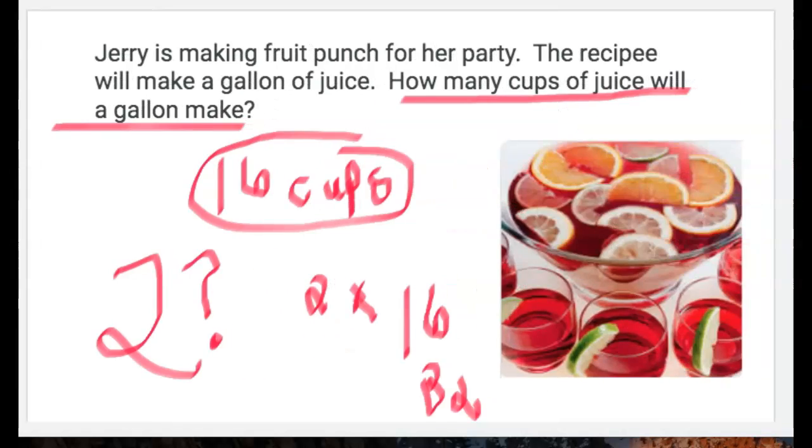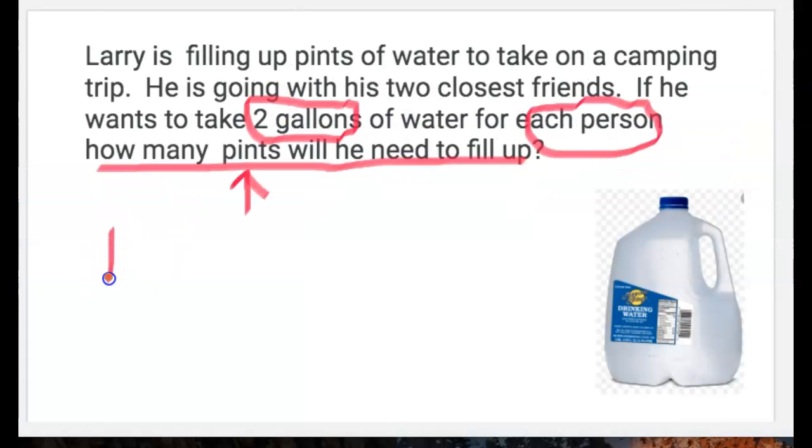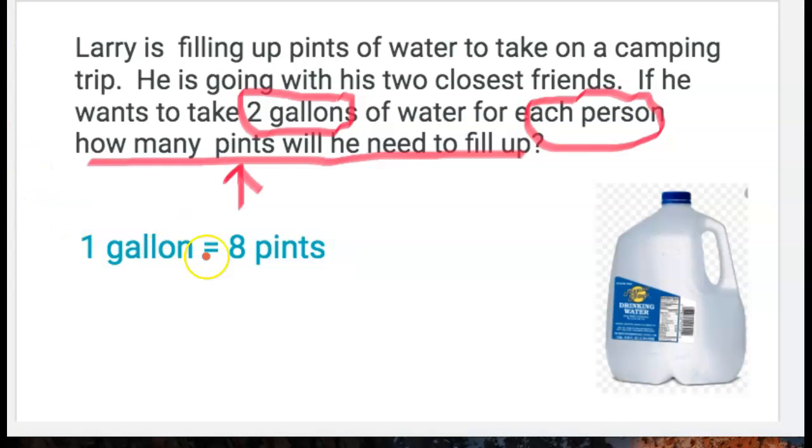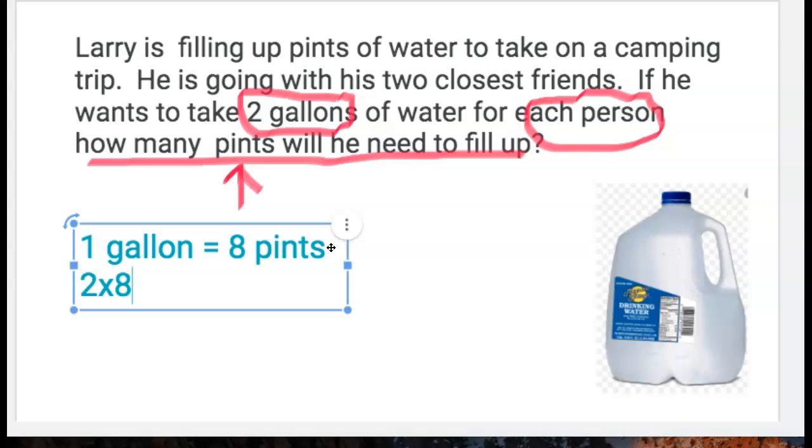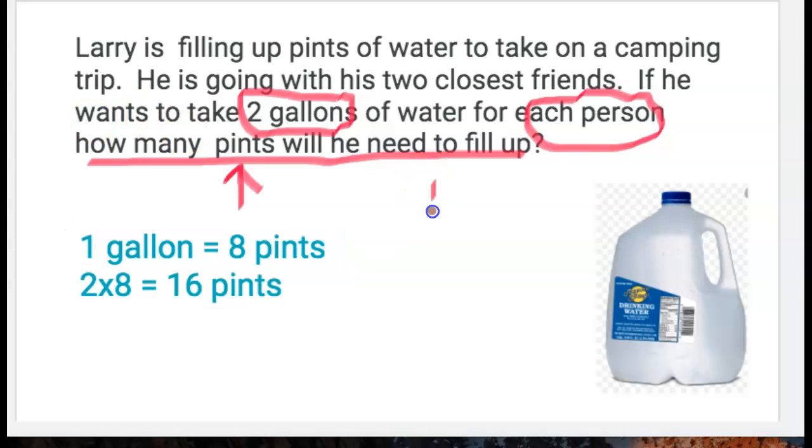Okay, so 1 gallon equals 8 pints. And he's going to take 2 gallons. Well, that's 2 times 8. So that is going to be 16 pints. So he's going to need to take with him 16 pints because there are 8 pints in 1 gallon, and he is taking 2 gallons.